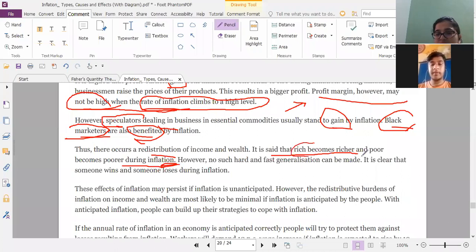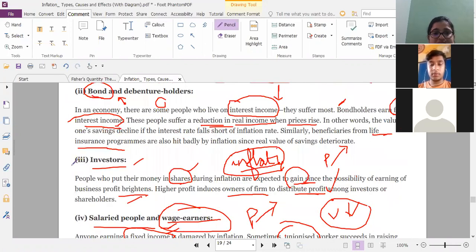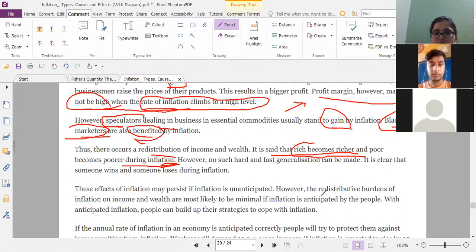You can see how black marketers, speculators, and businessmen are gaining from inflation, and you've also seen how salaried people are losing from inflation. This is what we discussed. So we can say that rich people are becoming richer, whereas poor people are becoming poorer during inflation.